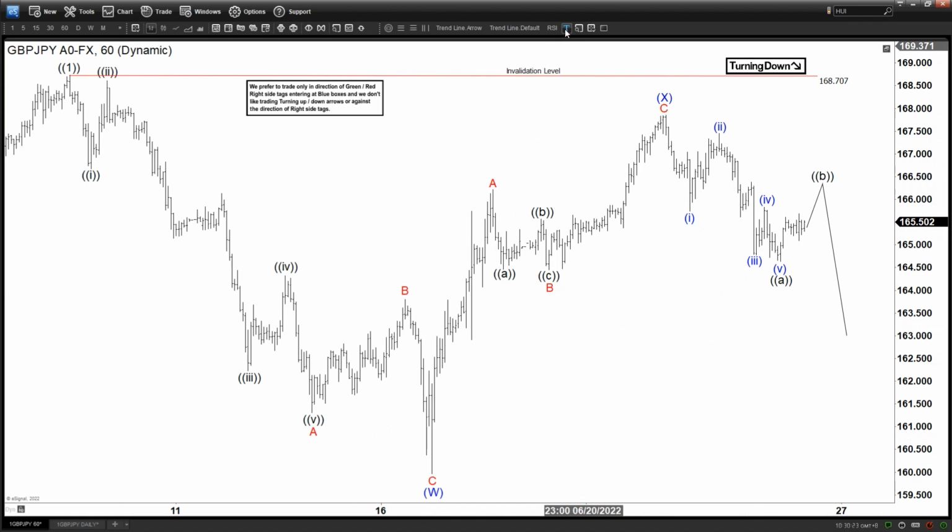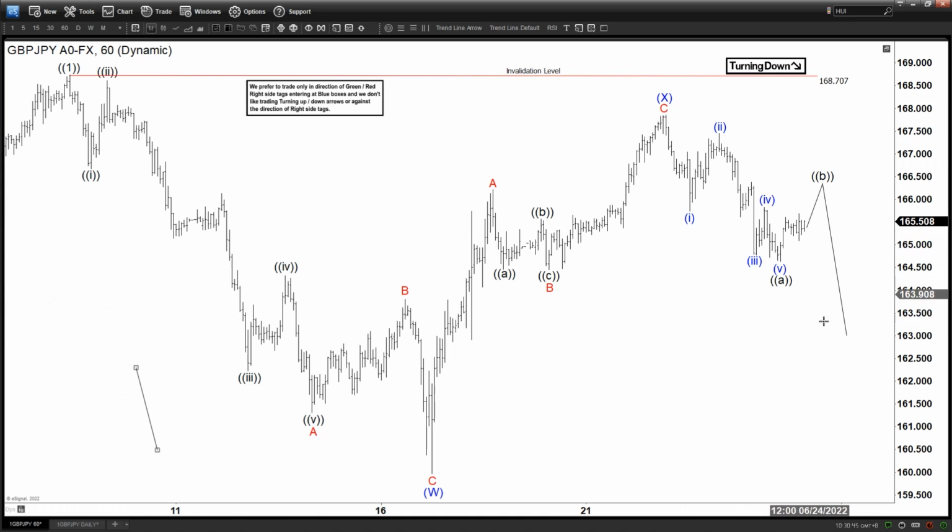So WXY technically is a 7 swing, sometimes also called a double zigzag, but that depends whether the subdivision all is in a zigzag or not, something like this. So that's a WXY. This is a zigzag here. Is this another zigzag WXY?